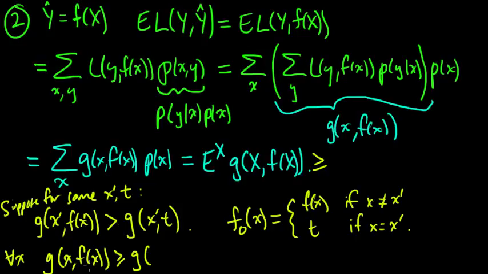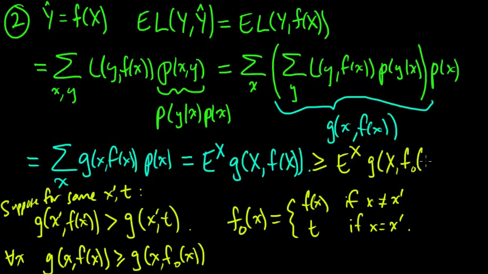Then that implies that for all x, this is greater or equal to f of 0, because it's equal whenever x is not equal to x prime and it's t otherwise. So this is greater or equal to the expected value for f0.